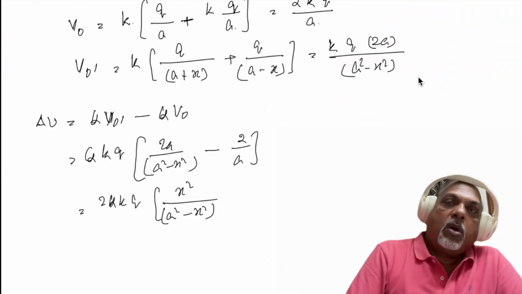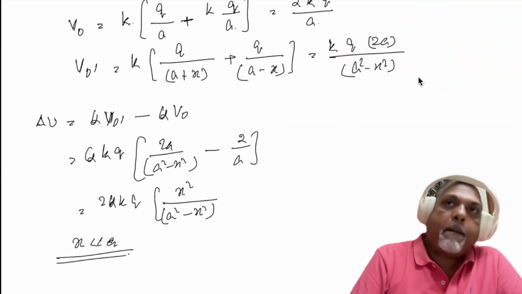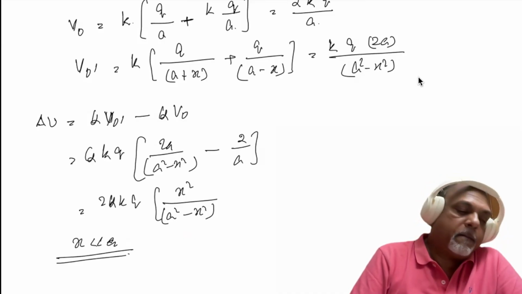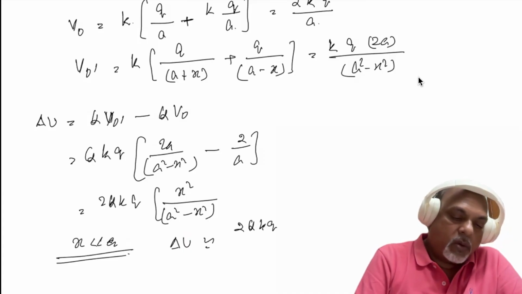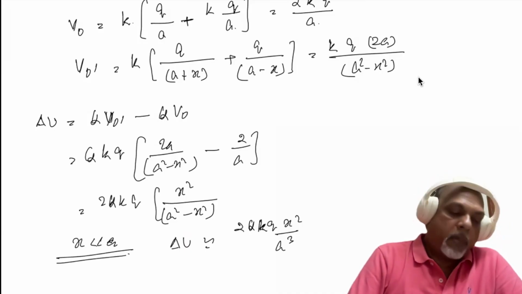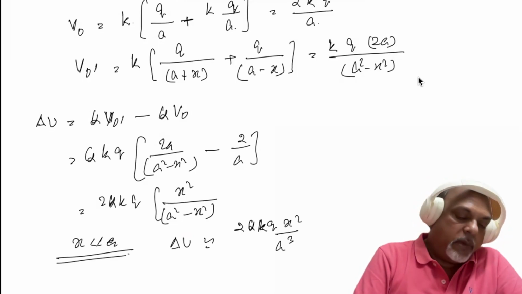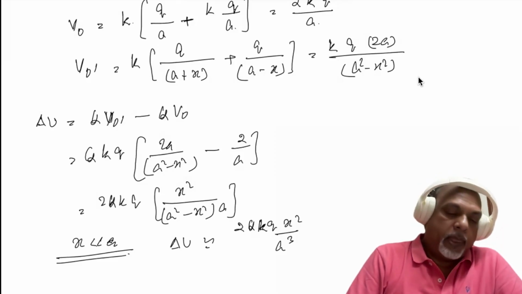So if we approximate it, since x is quite less than a, a very small distance, then we can approximate it to kQ Q upon x square upon a cubed, with a common.